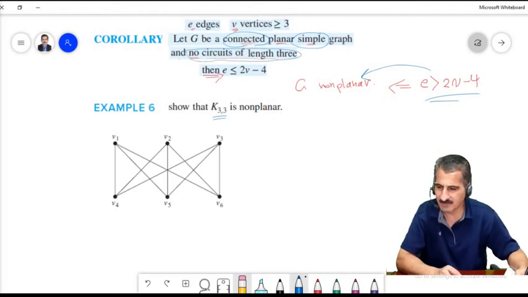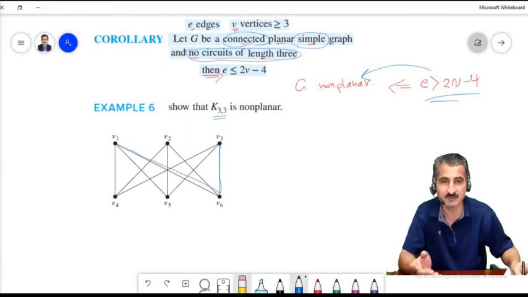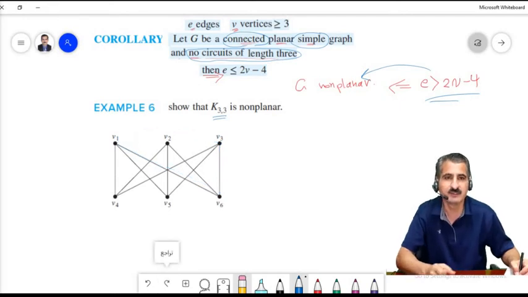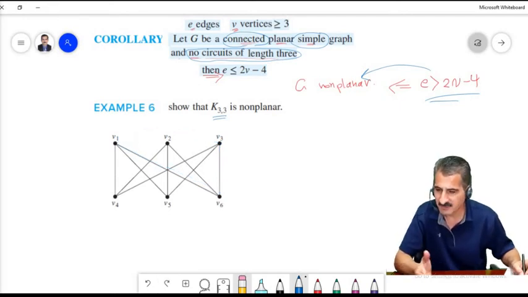Can we make a circuit of length 3? If I go from here to here and from here to here, to have a circuit I'm not allowed to move anymore. I must go back to V1, but I cannot do so because I have no edge there. So I failed to make a circuit of 3 vertices.